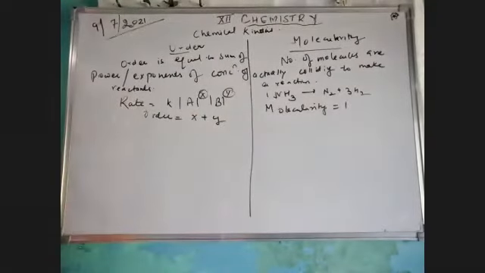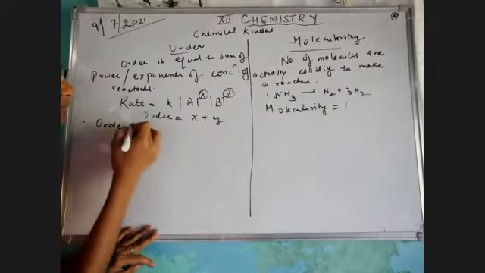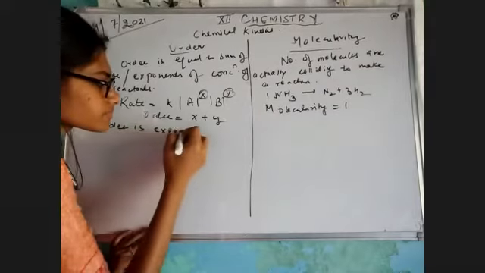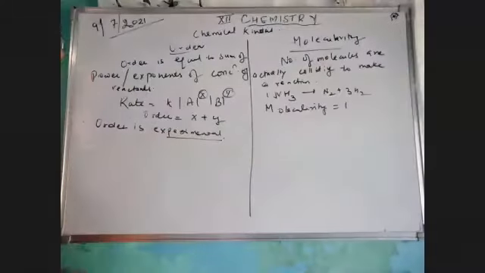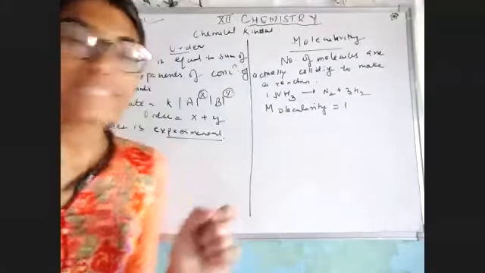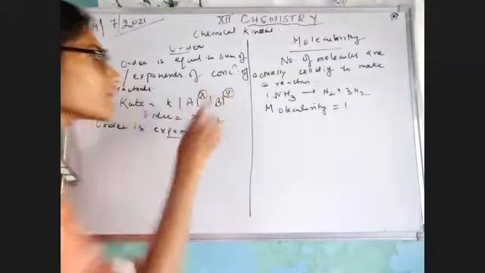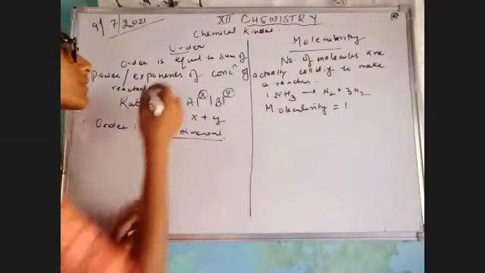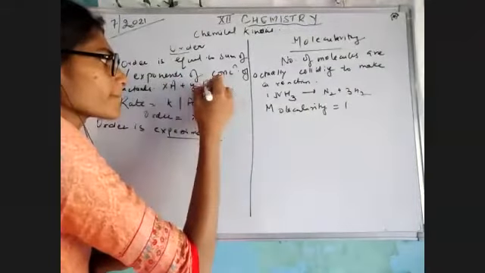Second point, as I have told you, order is totally experimental. Why can we say order is experimental? We have seen that this x and y could be equal to the coefficients of the reaction, or could not be equal.